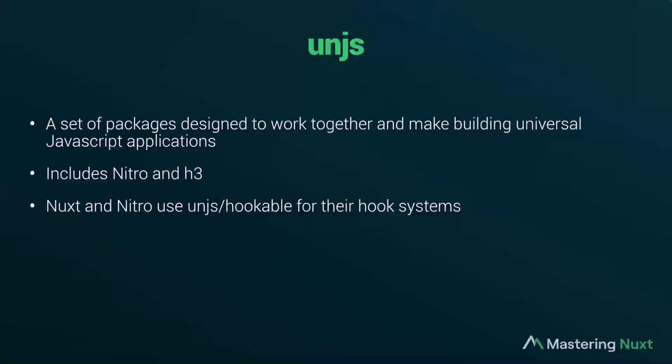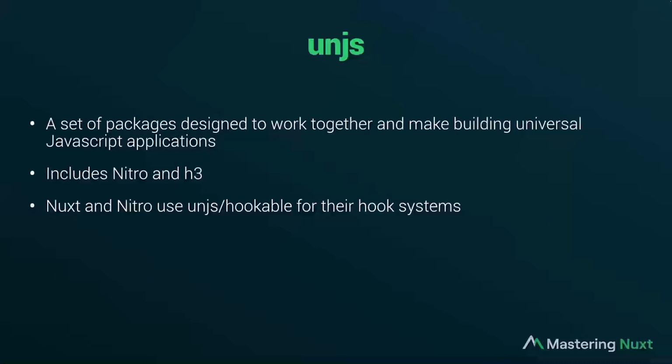So in Vue, we've got lifecycle hooks that let us create these sort of plugins to extend how Vue works. Nuxt and Nitro also have a hook system so that we can create plugins that hook into the build process or when a page is rendered, and let us create plugins that extend that. That entire hook system is powered by this hookable package.